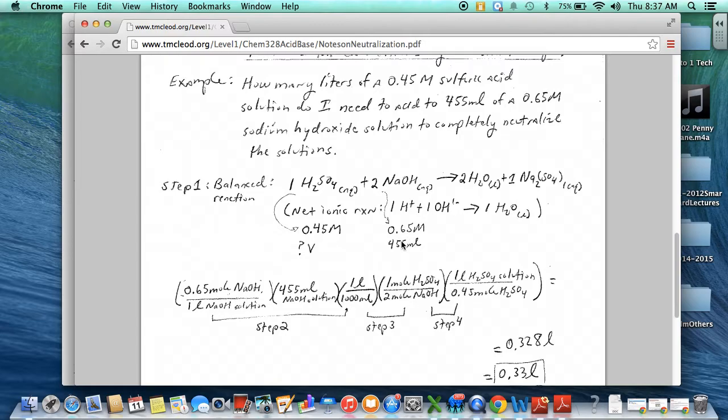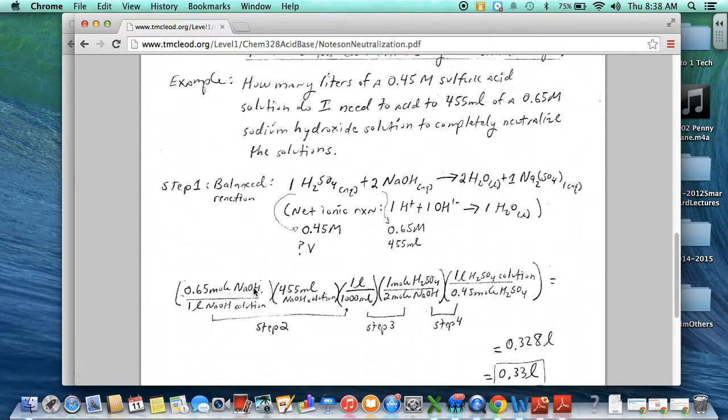The molarity is 0.65. I break up the big M into units because I cancel the units. And it's 455 milliliters, but milliliters cancel liters, so I have to change liters into milliliters. That'll be step 2 if we consider step 1 balancing the chemical reaction.